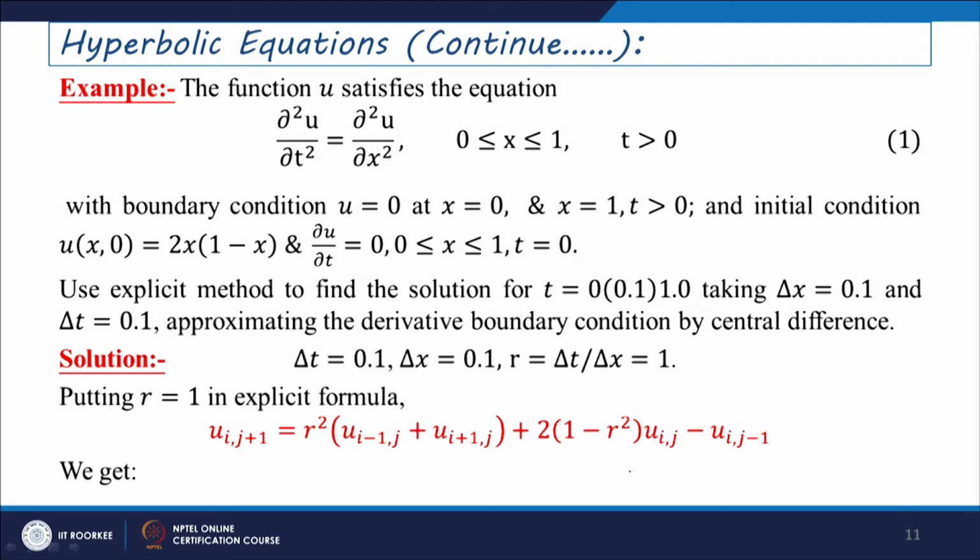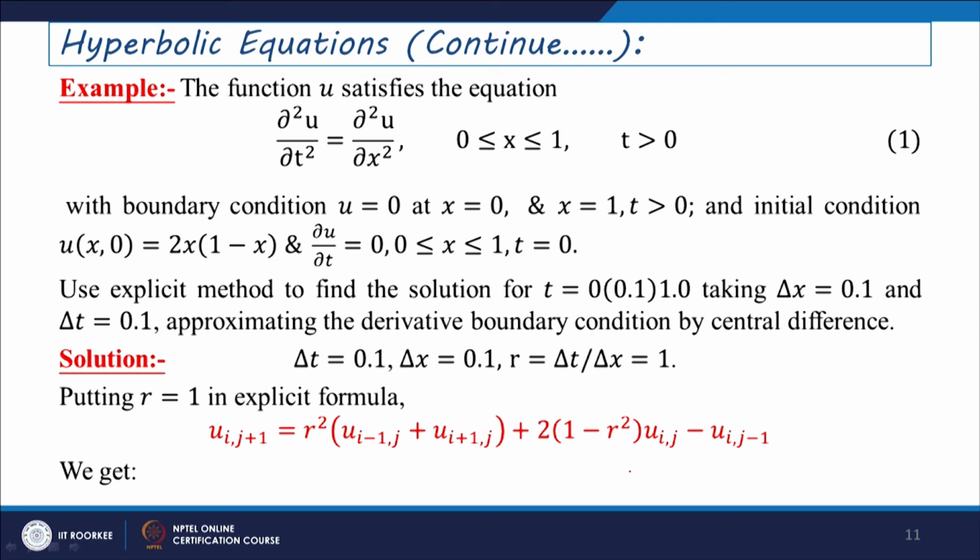The initial condition, as we have already discussed, is u of x, 0 defined as g of x. Here g of x can be considered as 2x into 1 minus x, and del u by del t equals 0 for x lying between 0 and 1, and t equals 0.